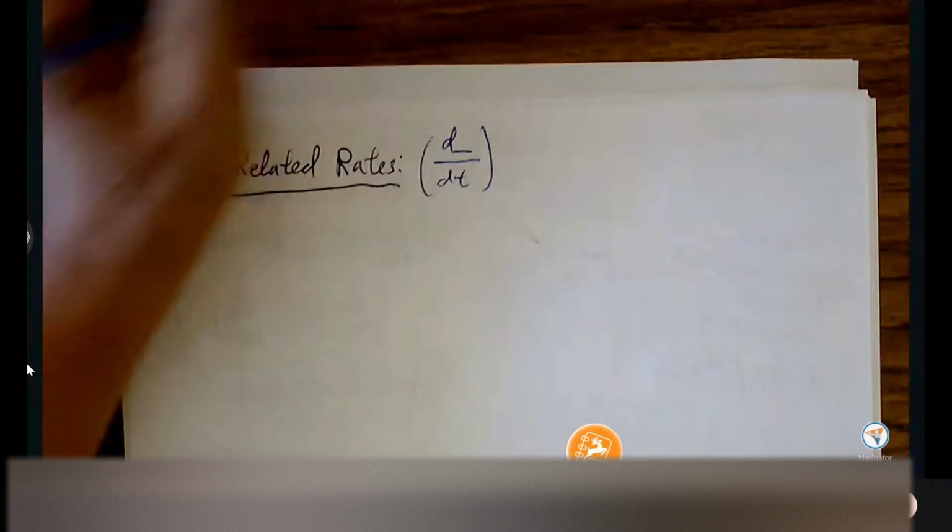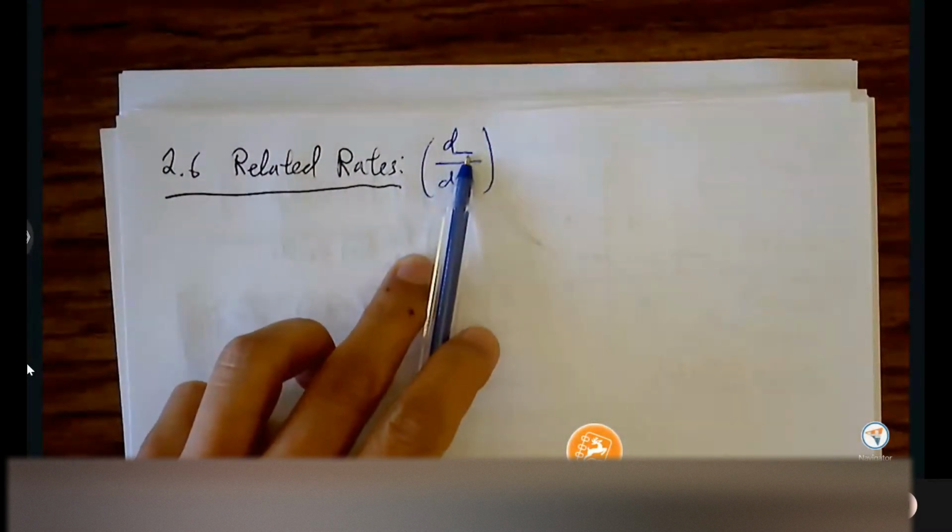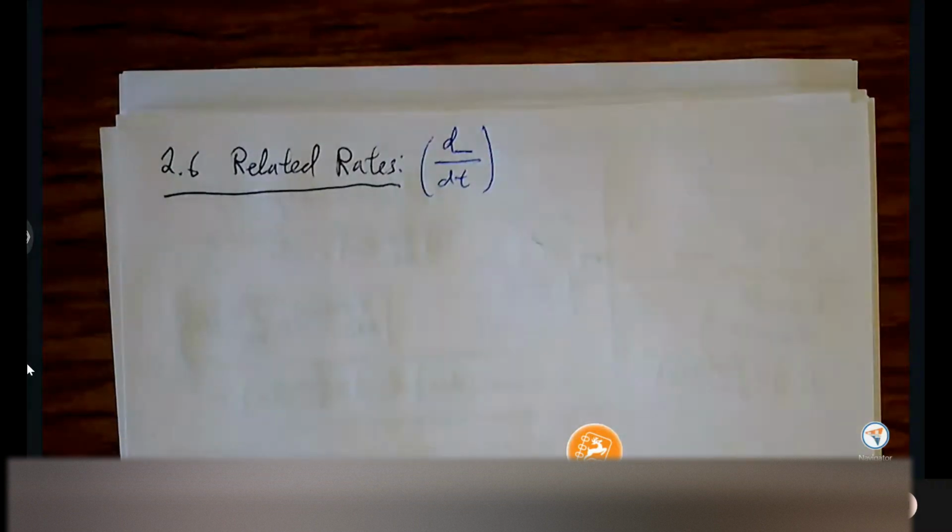And because of that, we always have this d over dt that shows up whenever we're dealing with related rates problems. So it could be d theta dt, dx dt, dy dt. Right? And today we're going to be talking about volume and surface area, so we're going to be expecting dV dt, dS dt. Okay, so here's the problem that I want us to do.